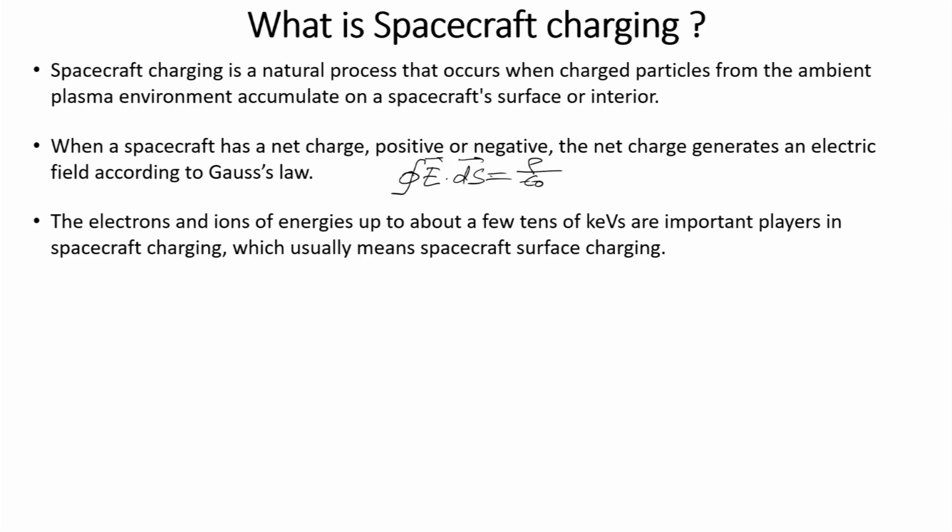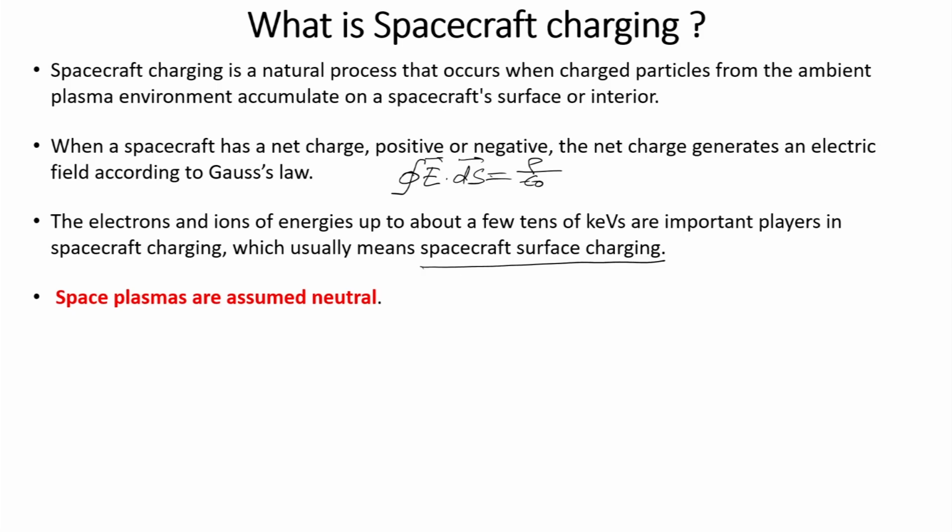The electrons and ions of energies up to about a few tens of kilo electron volts are very important players in spacecraft charging. In this case it can have spacecraft surface charging. We will see in more detail in subsequent sessions how to model spacecraft surface charging.